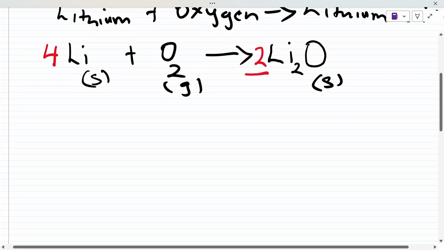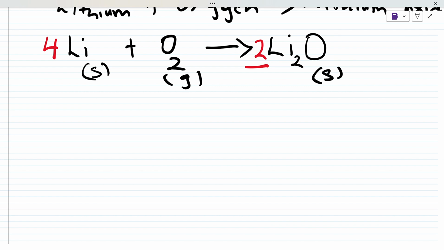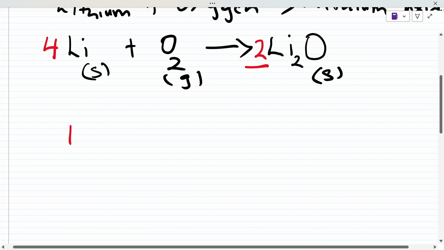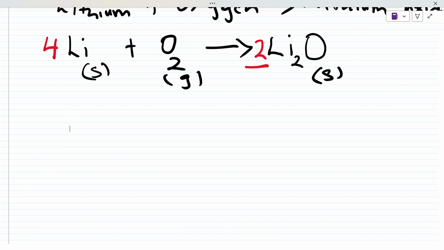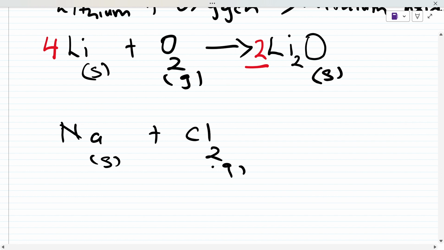Now, let's take our time and write and balance this for me. Try this for me, or we can try it together. I'll give you a little time so that you try it. Let us have sodium, solid, reacting with chlorine, gas.